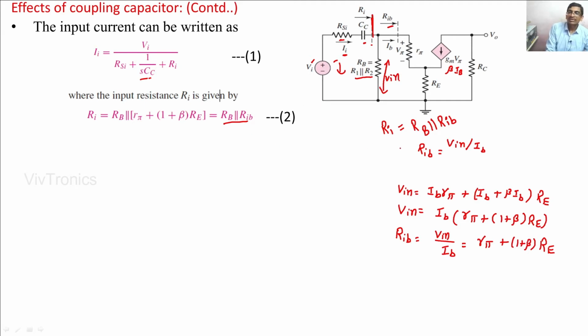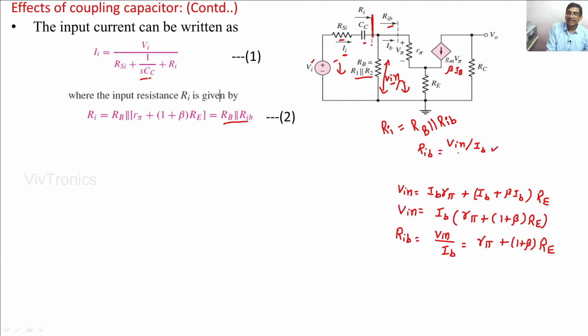Okay, so we can calculate the Rib value, which is a ratio of the voltage to the current. Here the voltage in this loop is Vin and the current in this loop is IB. Therefore, Rib is equal to Vin divided by IB.